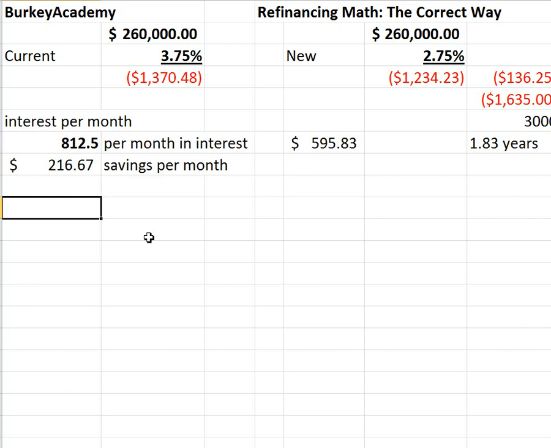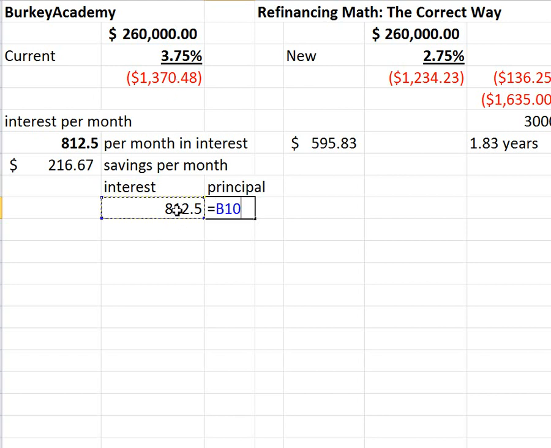So part of it is interest. Let's just split it out. $812.50. That's the interest. And this is the amount that goes to pay principal. It's the difference. So equals, since this is a negative number, let me add it. So that plus the negative number will show us the difference.